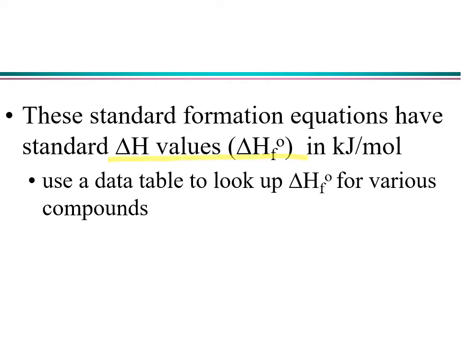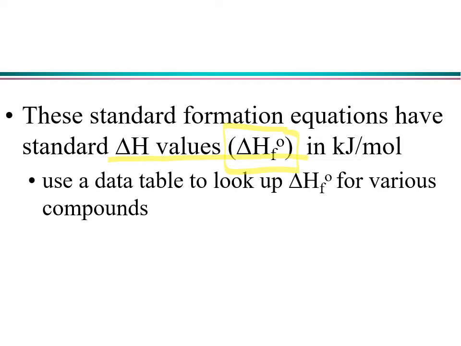And instead of listing every single reaction, we can just write down the compound that we're talking about, because we all now know what a standard formation equation would be. So we can just forget about what the reactants would look like and just write the product and say, okay, for methanol, here is the heat of formation for that particular compound. And we understand that it must have come from its elemental reactants in their standard states.